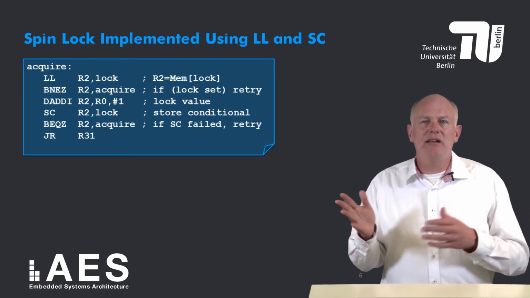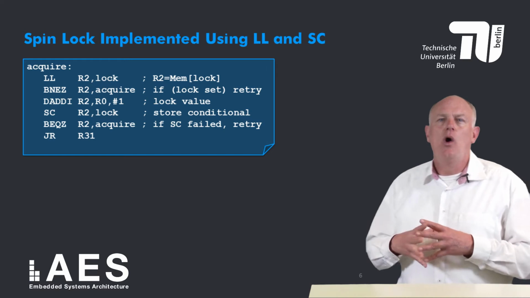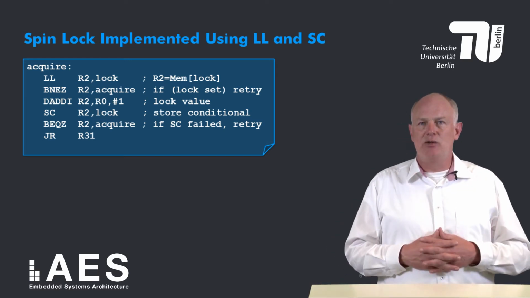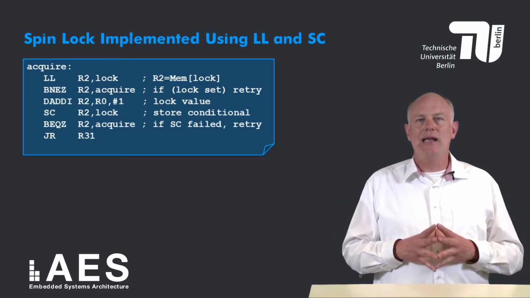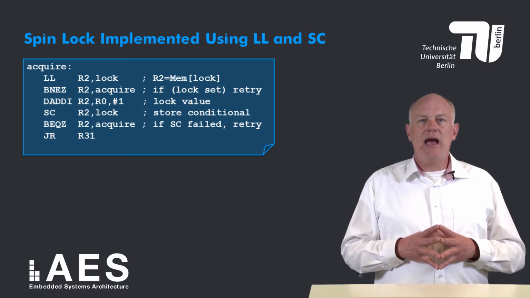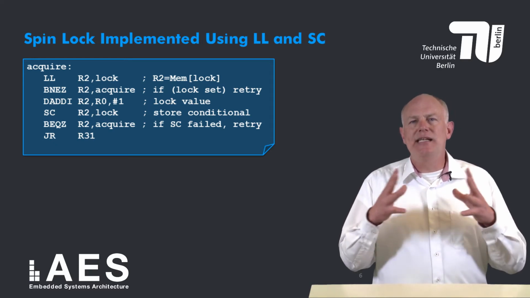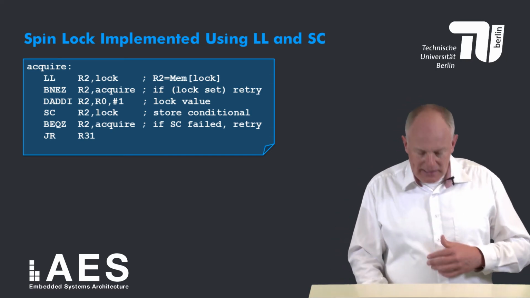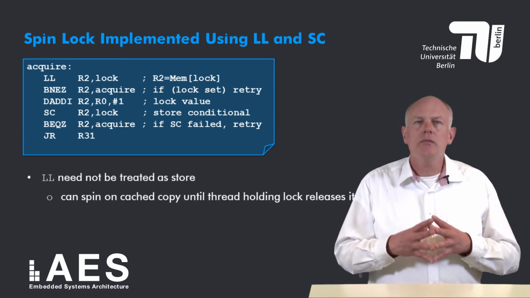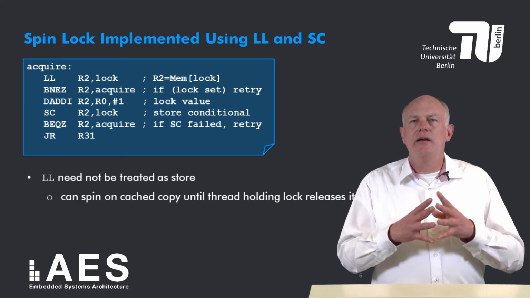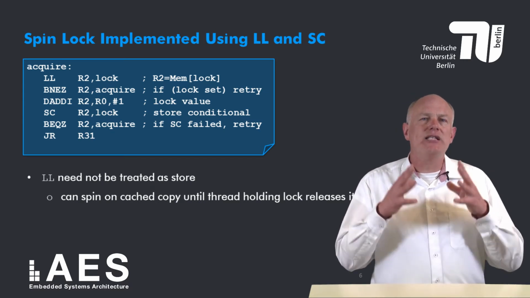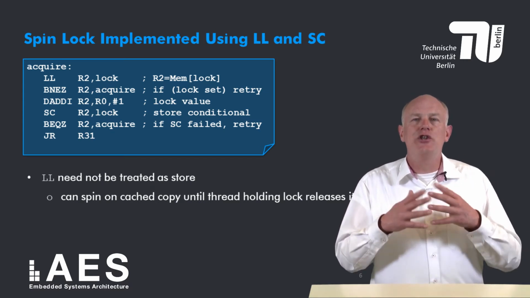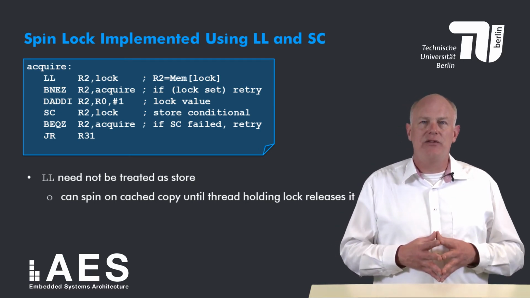So what's the advantage of this implementation over the implementation based on test and set shown on slide 9? In fact, the implementation using test and set was shorter and somewhat simpler. But the advantage is that the load linked does not need to be treated as a store and therefore doesn't require invalidations.